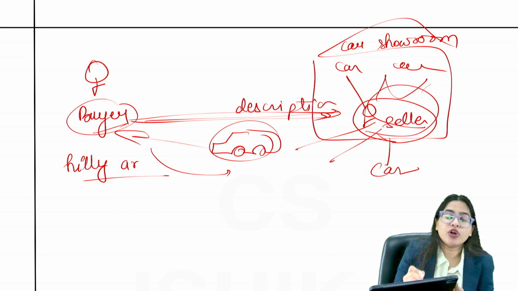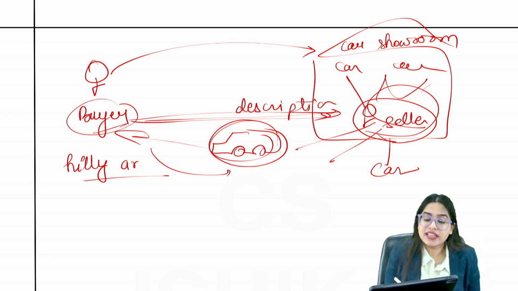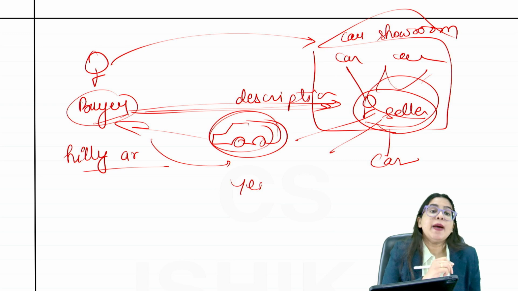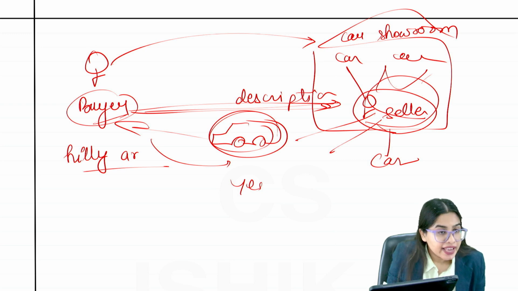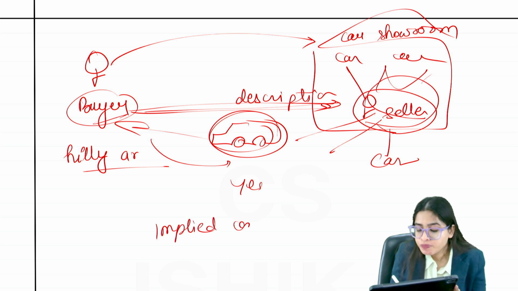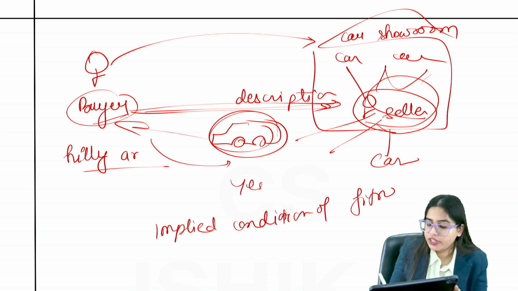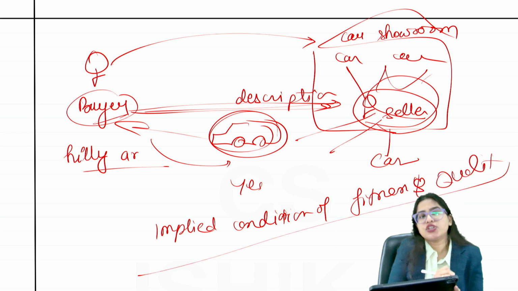Later on, he found out that this car is not suitable for hilly region. Now, can he return the car and claim the money back? The answer is yes. Why? Because now it will come under the exception, and here there will be an implied condition of fitness and quality.